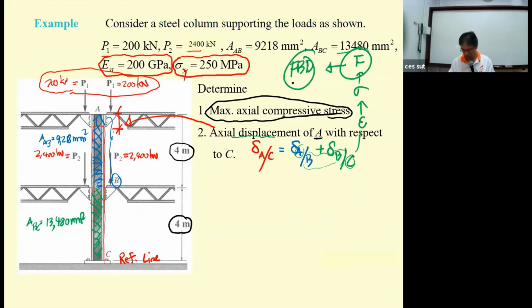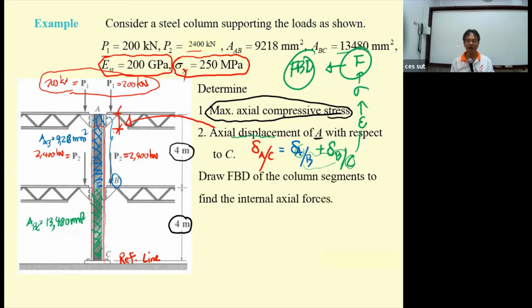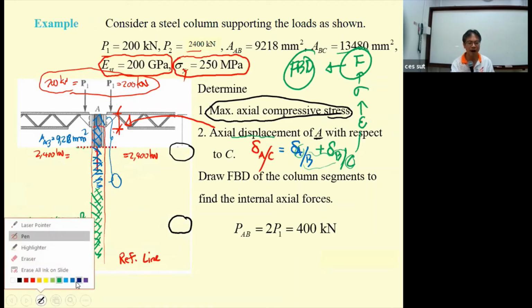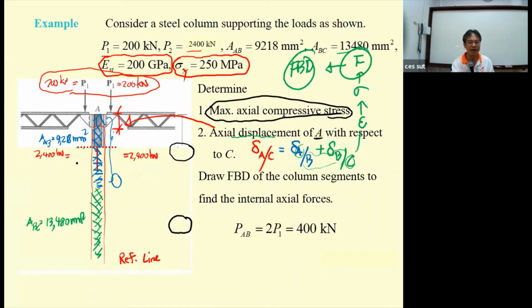Now, coming into this, we draw the free body diagram of the segment AB. You may cut it over here, and then we have P sub AB. For P sub AB, you do the summation of F sub Y equal to 0.